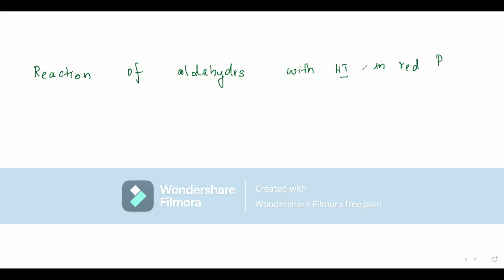This is also a reduction itself. In 11th grade also we have studied this. So RCHO, the aldehyde, treat it with HI. We need excess of HI. And this happens in presence of red phosphorus at around 423 Kelvin.